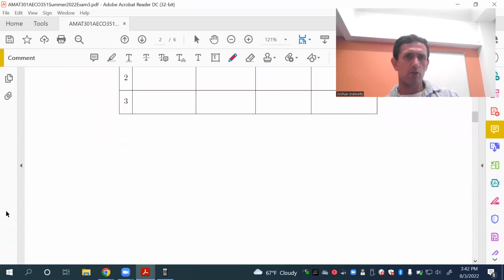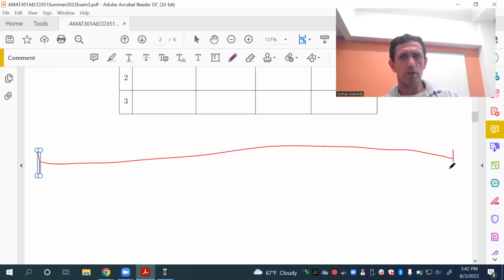So draw a time diagram, same kind of reasoning as before. Payments of K for the first 20 years, K minus 250 for the next 20 years.